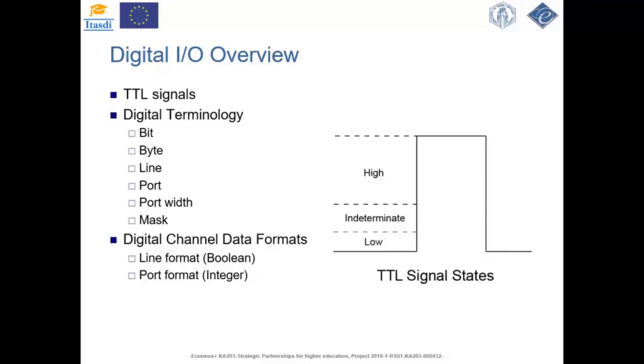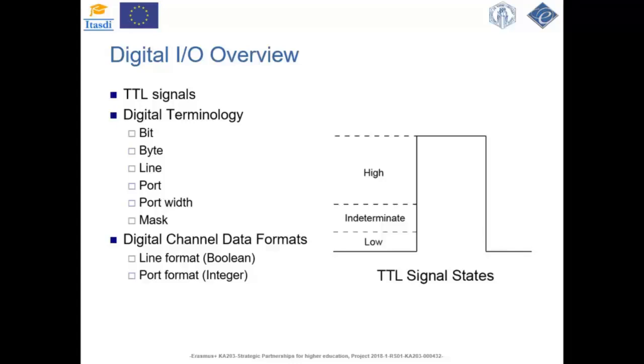The digital channel data formats deal with the type of the digital data that is read or written. And you can choose which data format to use when using the DAQmx read and write VI. So the line format represents each line with a channel as a single Boolean value.